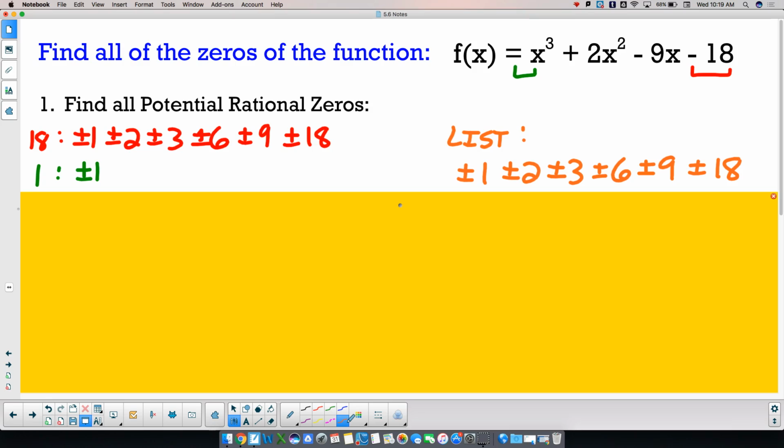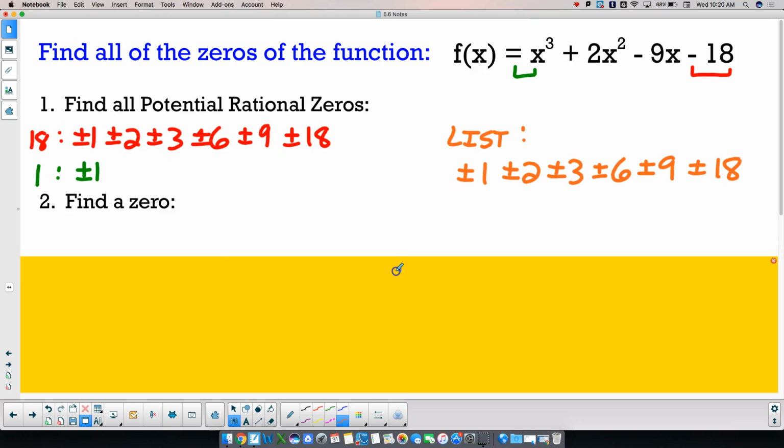So there's my list. If that's where I was supposed to stop, I circle, I move on with my life. If not, I keep going. I keep riding my bus. This is a find all the zeros case, so we're riding this bus for a while.